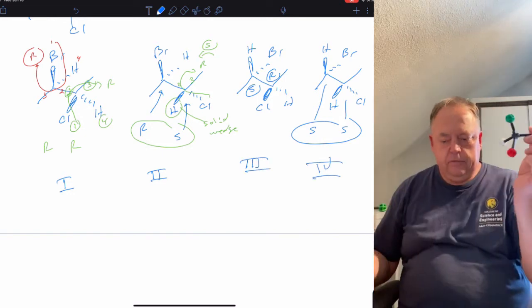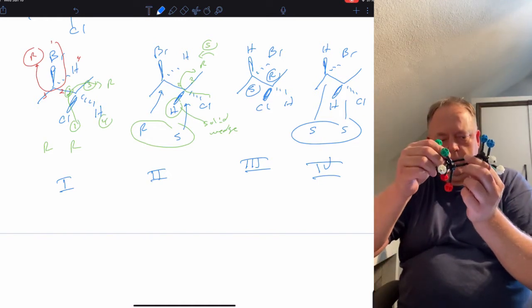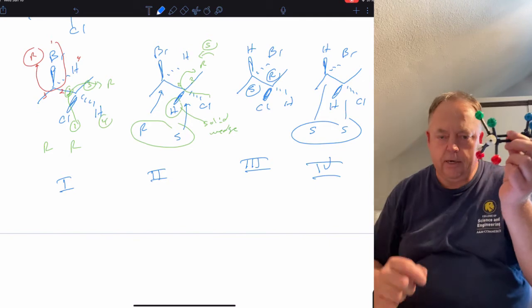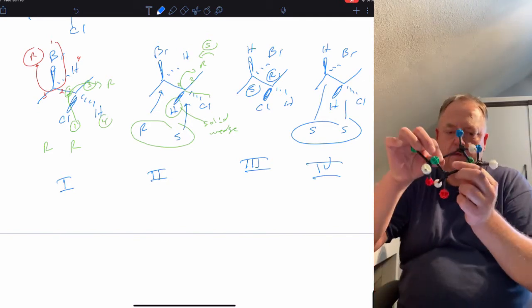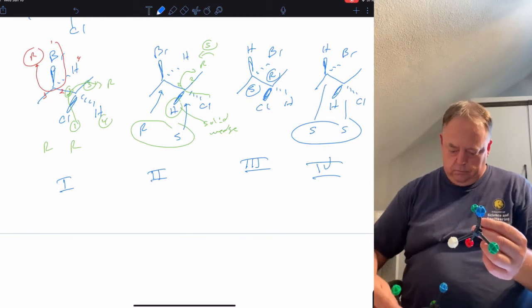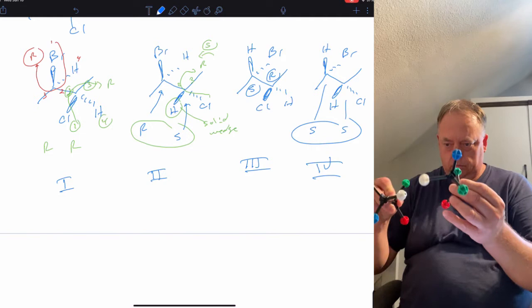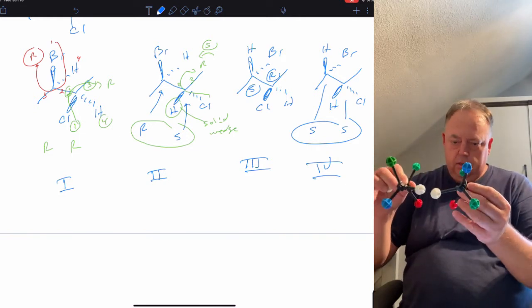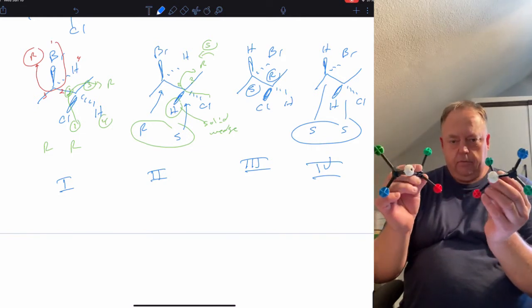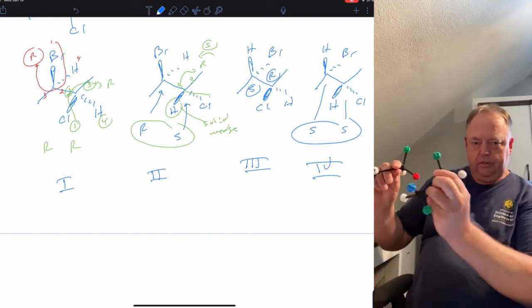So if I say that this is number 1, this could be 2 or 3, because one chiral center is the same and one chiral center is different, right? So if you notice, these molecules, let's see. So the back carbon, it's kind of hard to tell. I'm trying to get this right on the camera.